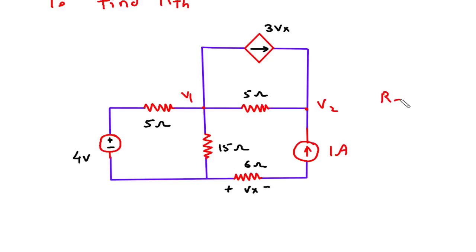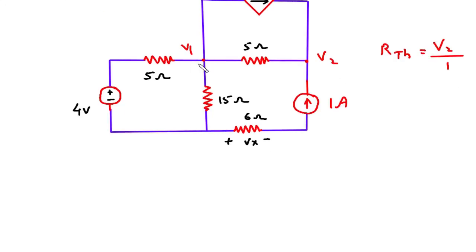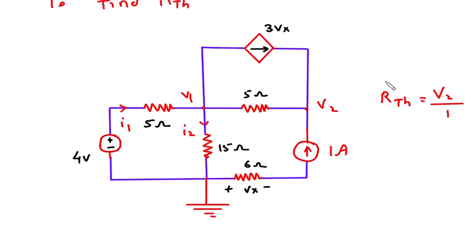So RTH will be equal to V2 divided by 1. This 1 ampere into RTH is equal to V2. So therefore RTH is equal to V2 by 1. Now to find RTH, we have to find the value of V2. So let's assume this is current I1, this is current I2, this is a reference node, and this is current I3.